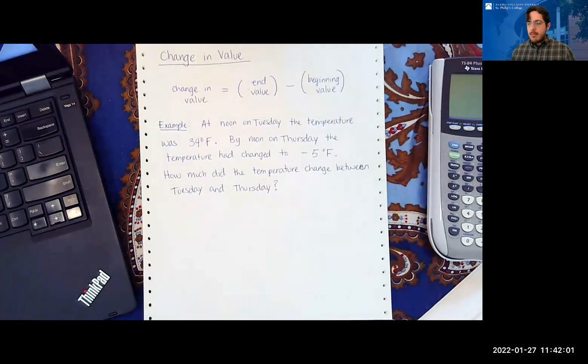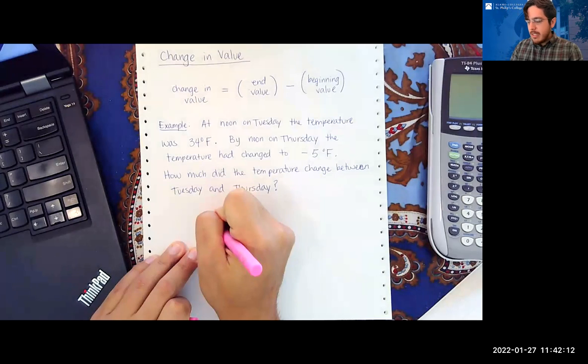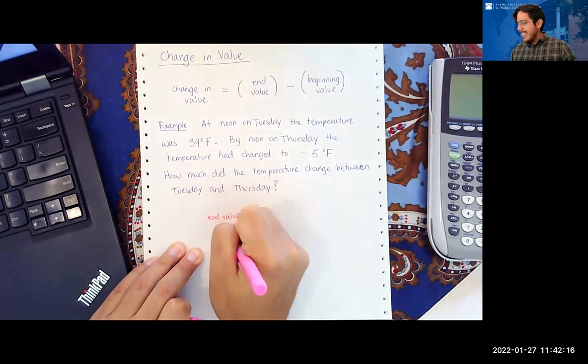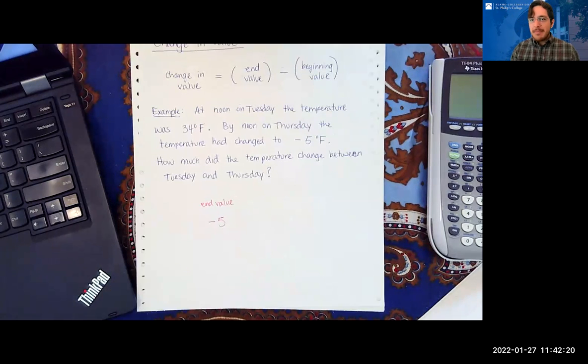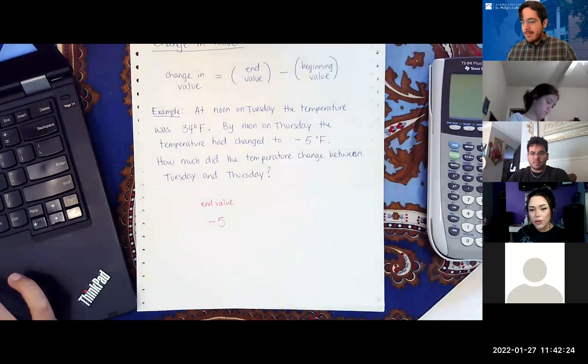So since it changed to -5, that would go into the end value. Right, so the end value comes first, and that's going to be -5. Then what? Then you will subtract it by the beginning value, which is 34.